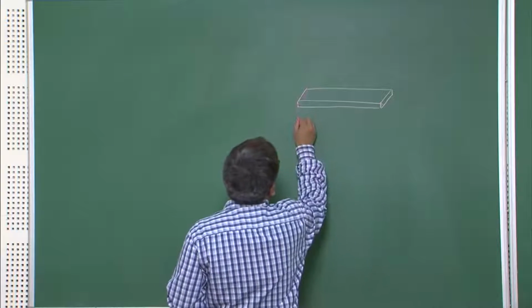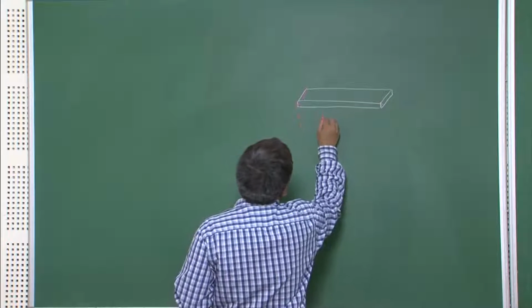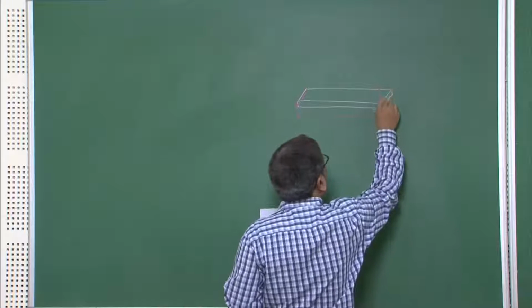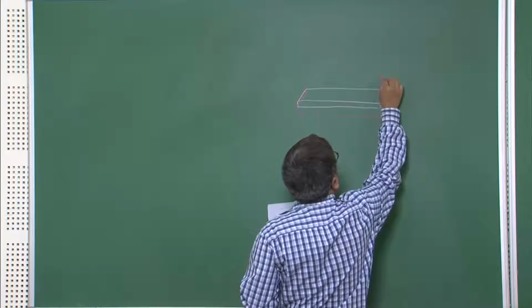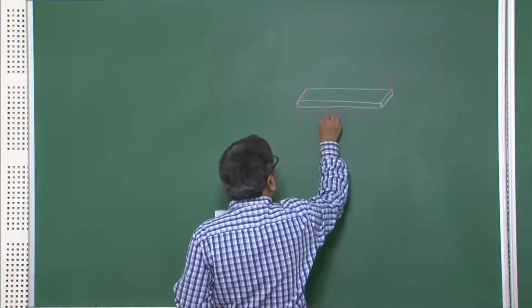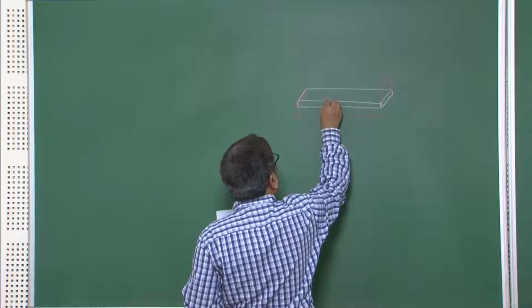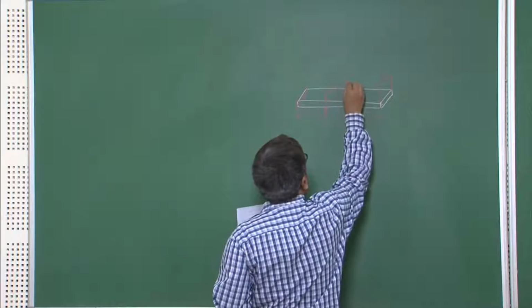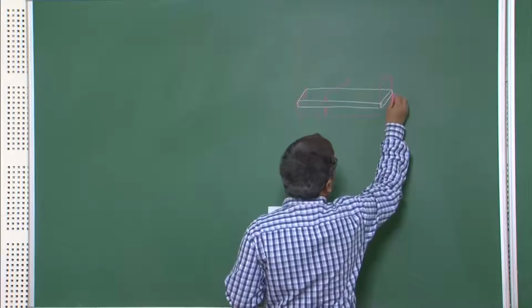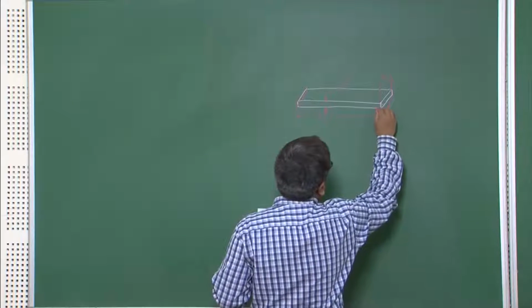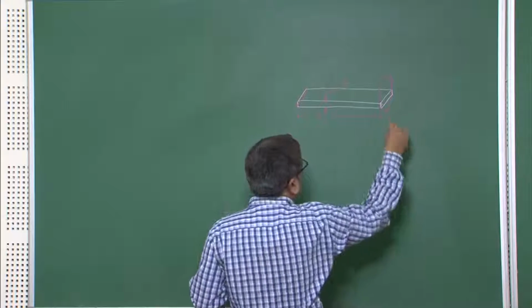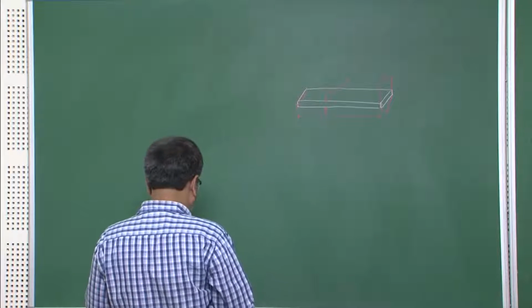The probe has a length L, a width W, and a thickness T. There is a tip here, but we are currently neglecting the tip effect.